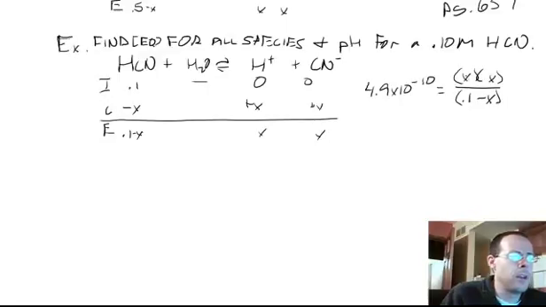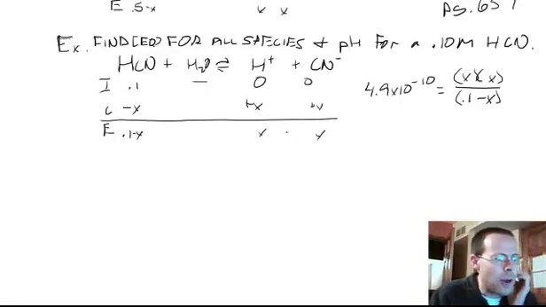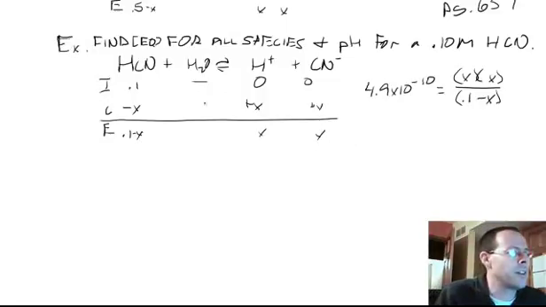So what are these two? These are our products divided by our reactant. And again, water is not listed because it is a pure liquid. So with this, we can solve for x, and using our hint from last time, we're going to assume that x is really small, that the change is not much.